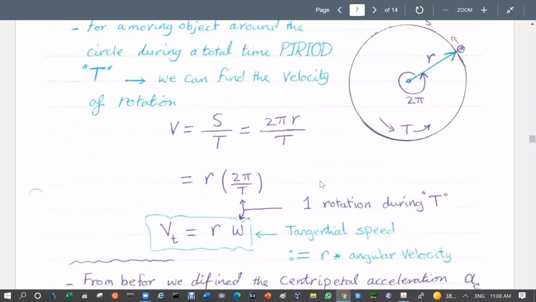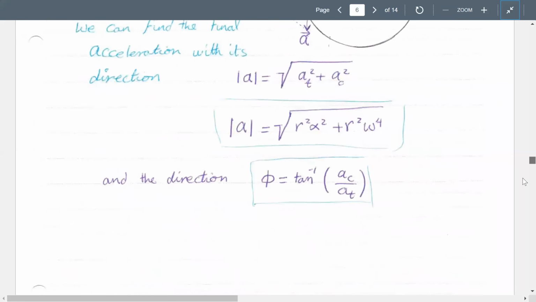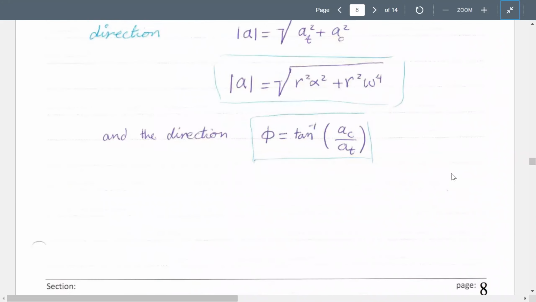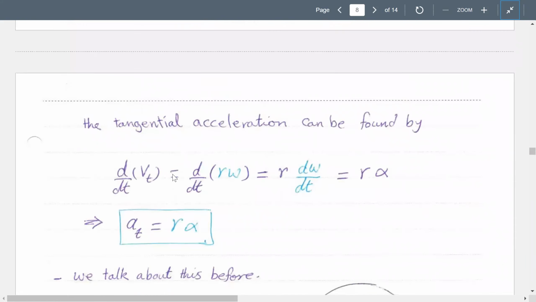What if we have, from, look here to this example, a change in linear velocity during the time? Then we have acceleration if we have a change in velocity. And we know that also if we have a change in angular velocity, then we have acceleration, which is alpha.